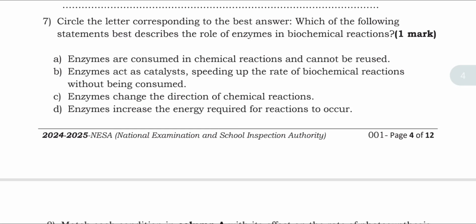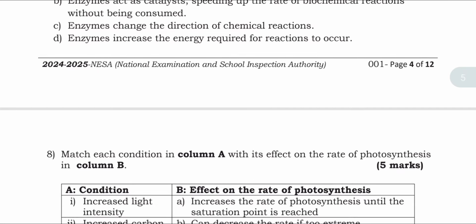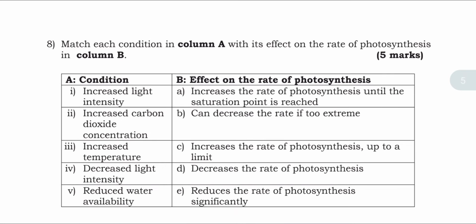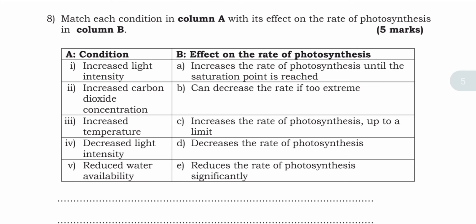Question 8. Match the condition in column A with its effect on the rate of photosynthesis in column B. Conditions: increased light intensity, increased carbon dioxide concentration, increased temperature, decreased light intensity, reduced water availability. Effects on the rate of photosynthesis: increase the rate of photosynthesis until the saturation point is reached.